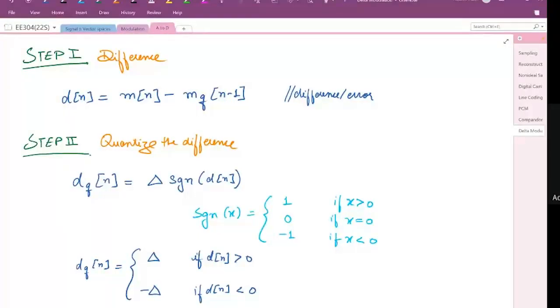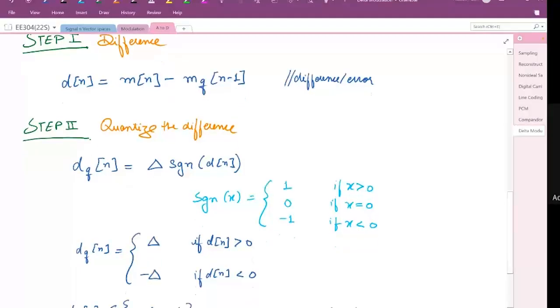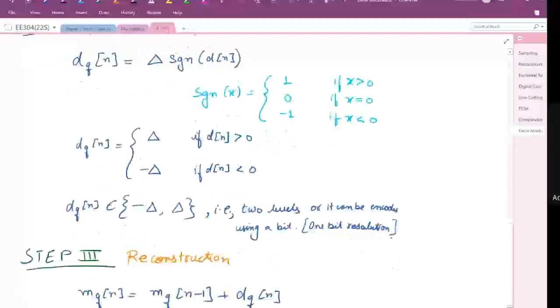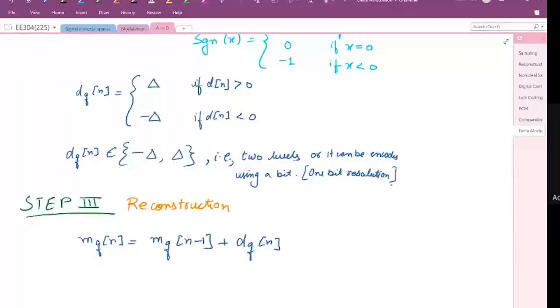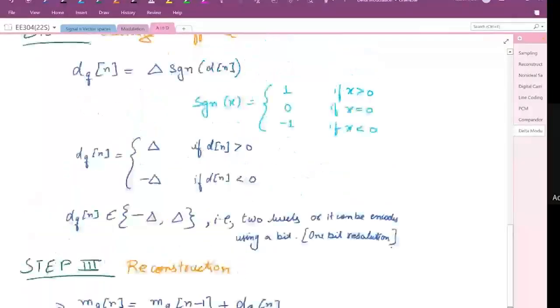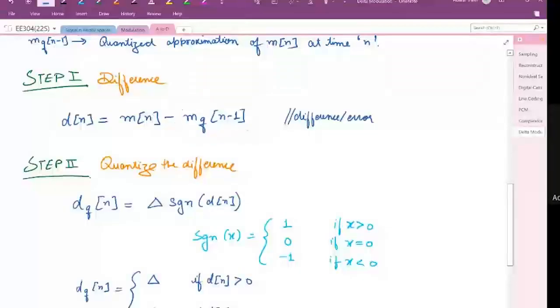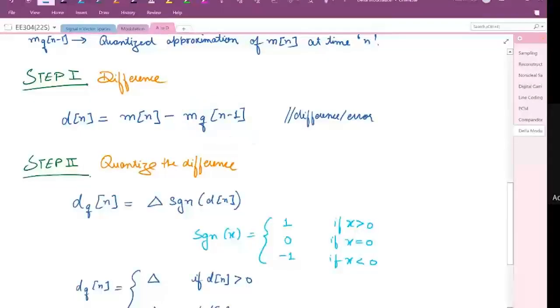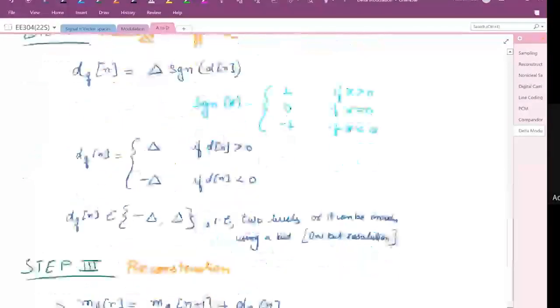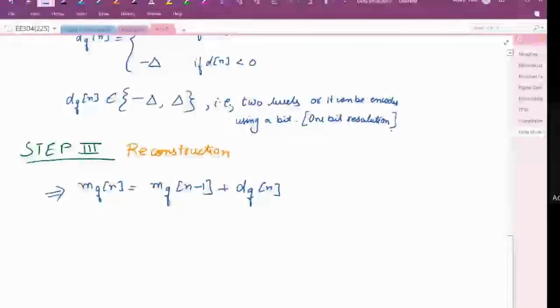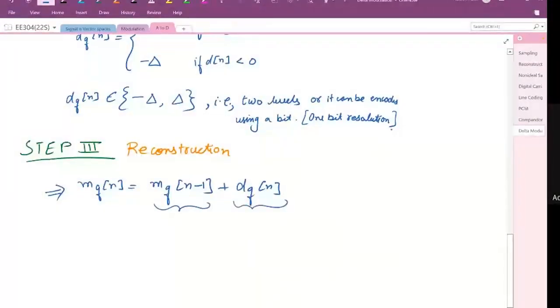If greater than 0, dqn is assigned plus delta, or else minus delta. Then mqn is assigned as the previous value plus that dqn, either plus delta or minus delta.